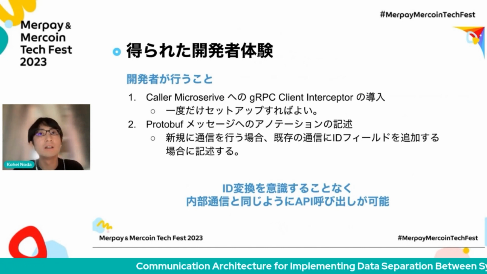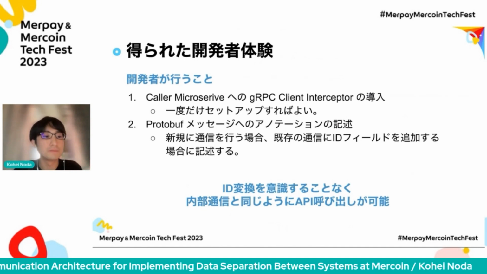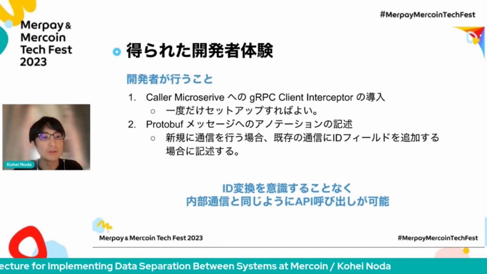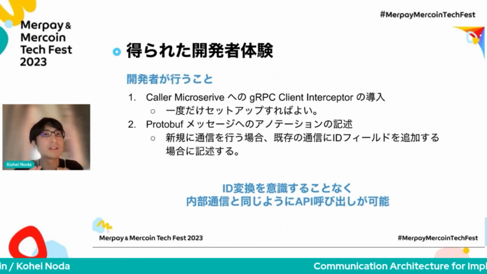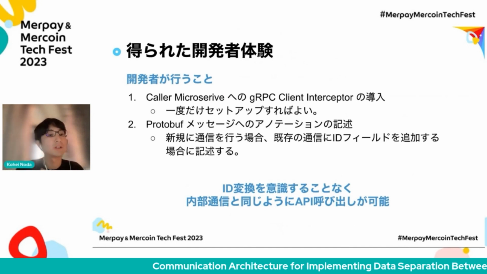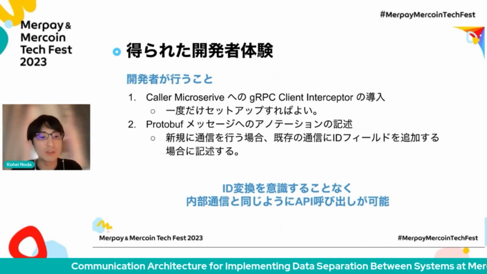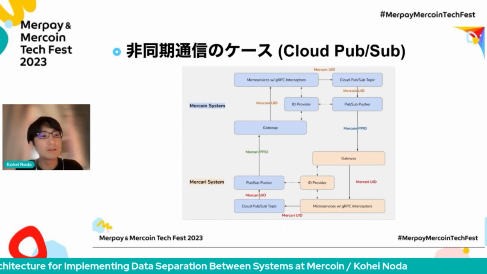It also annotates the user ID, and it's filled in a protobuf message used for communication. So by simply doing these two things, the developer can now handle only the user ID and make API calls between systems, just like an internal communication, without having to be aware of ID conversion.